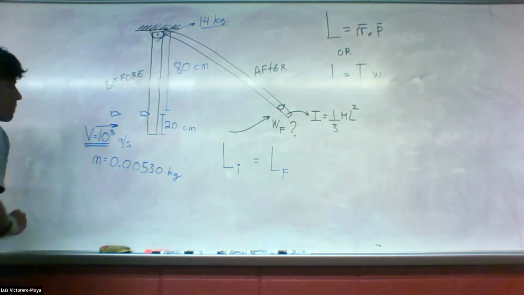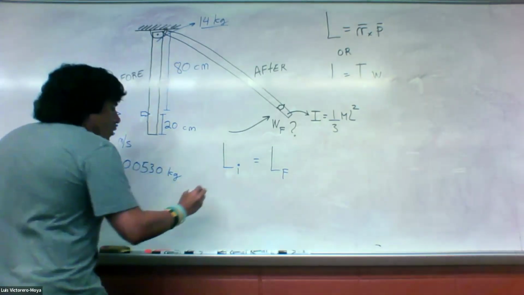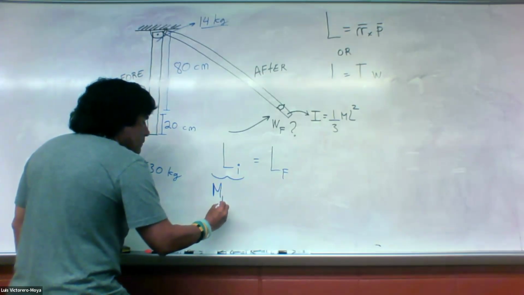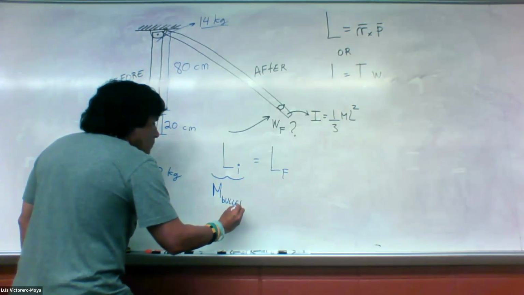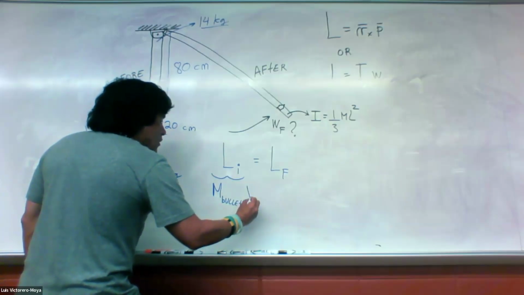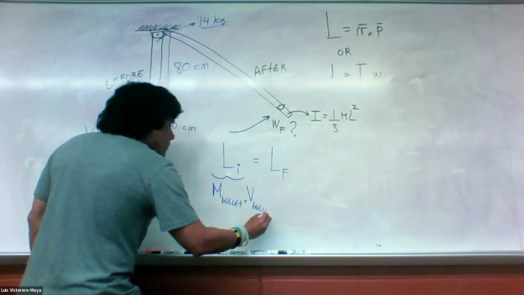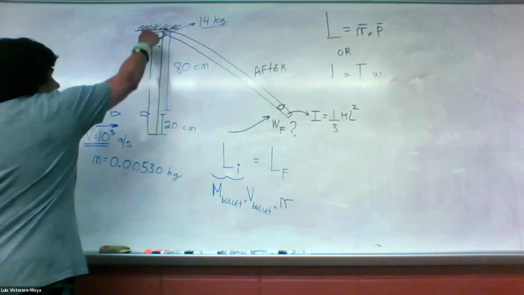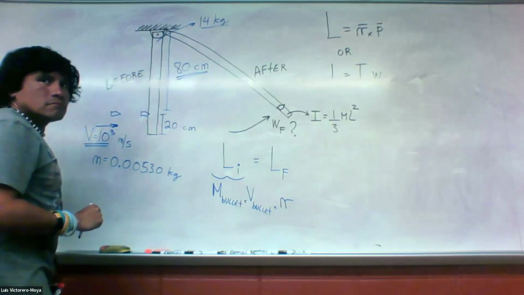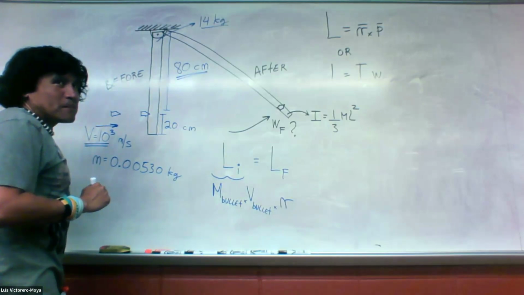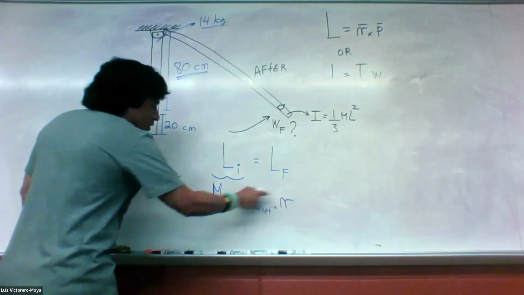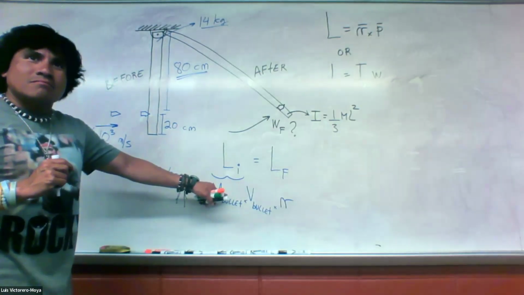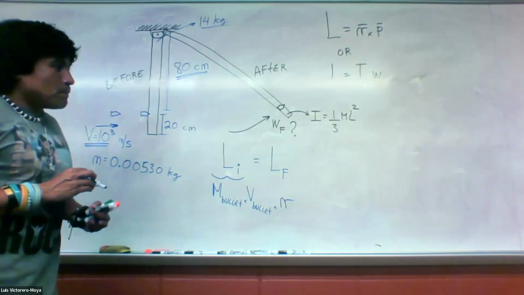So the initial angular momentum for the bullet will be mass of the bullet times the speed of the bullet times the distance to the axis of rotation, which is 0.80 in meters. MVR. For a point mass, it's better to use that. Okay?